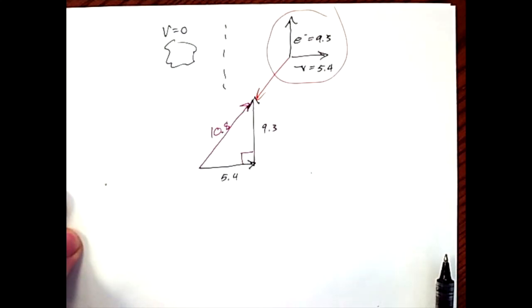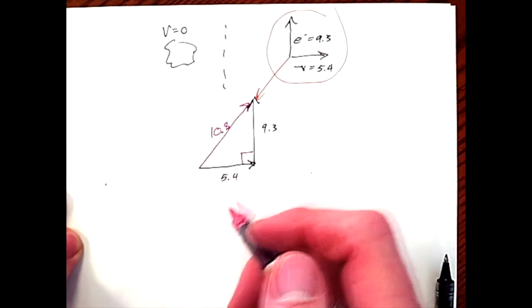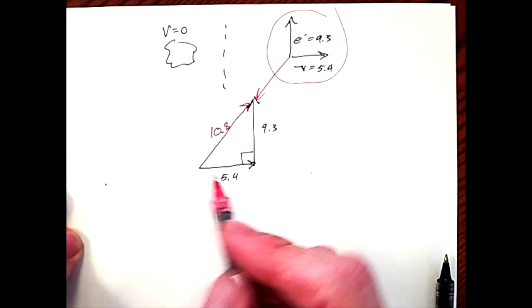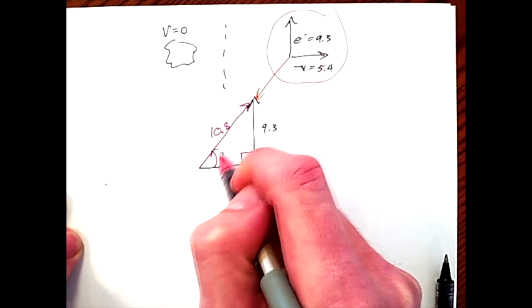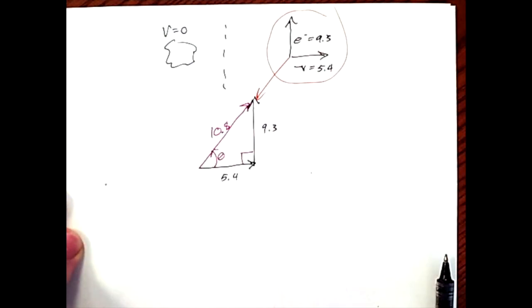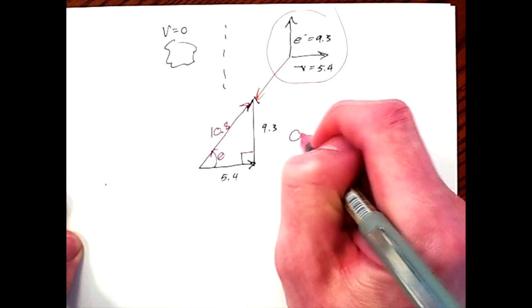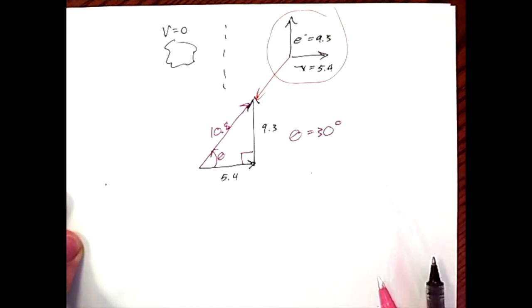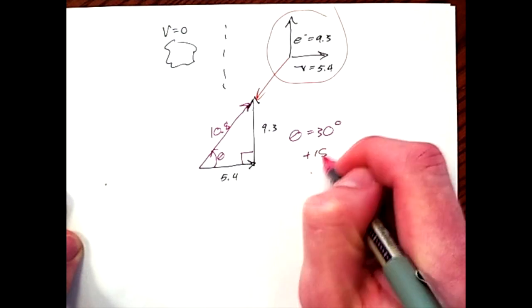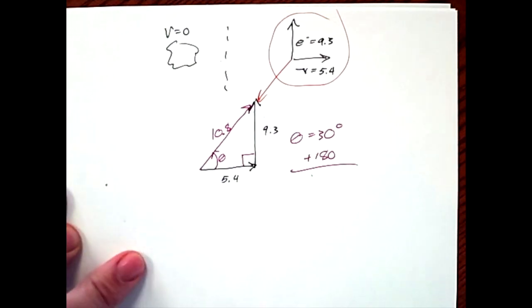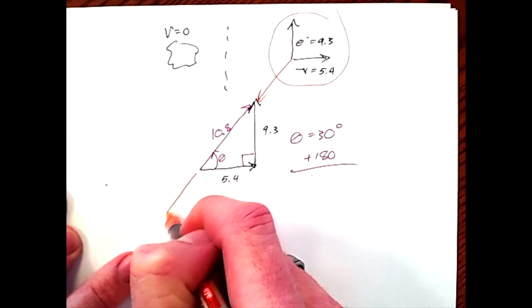The key there is recognizing that the exact opposite of any vector is its angle plus 180 degrees. If this is theta, and I can use the trig functions to find theta, which in this case works out nicely to be 30 degrees, then if I add 180 to that, I will have the exact opposite direction pointed down this way.